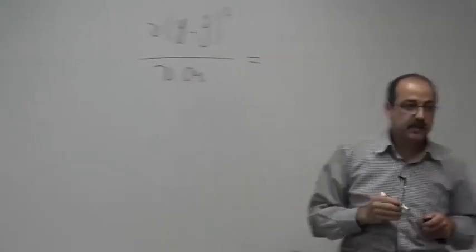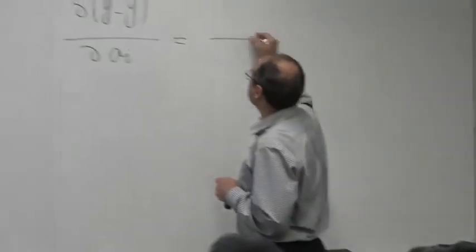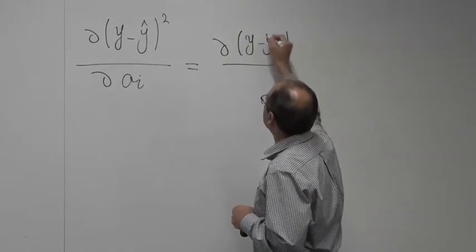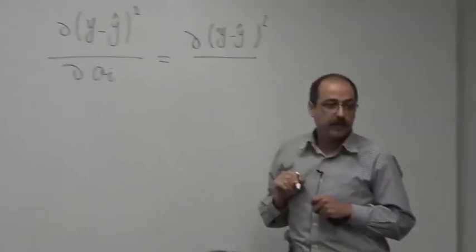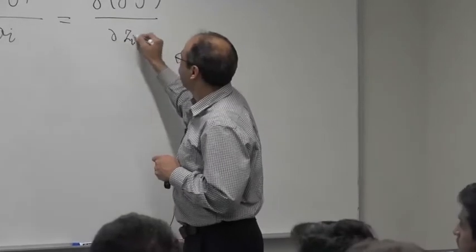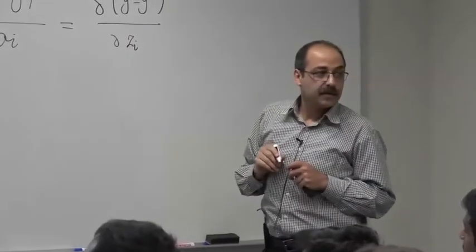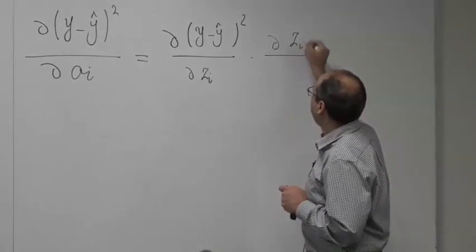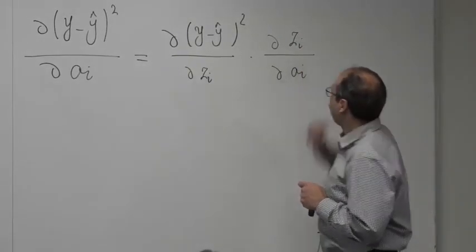So you suggest that I write it as the derivative with respect to z_i, and then the derivative of z_i with respect to a_i. Okay.